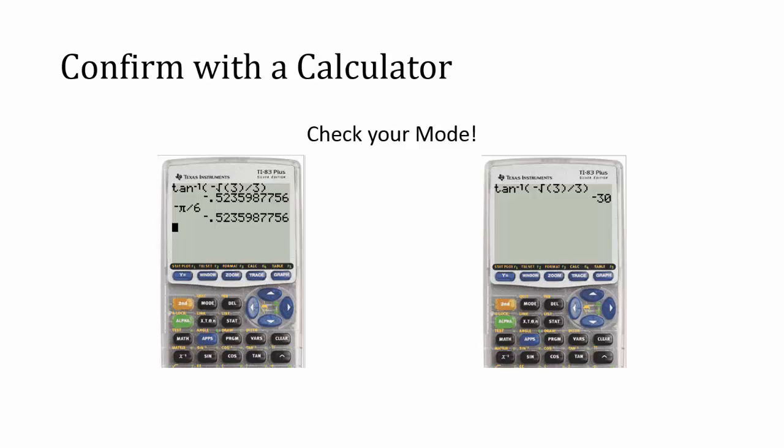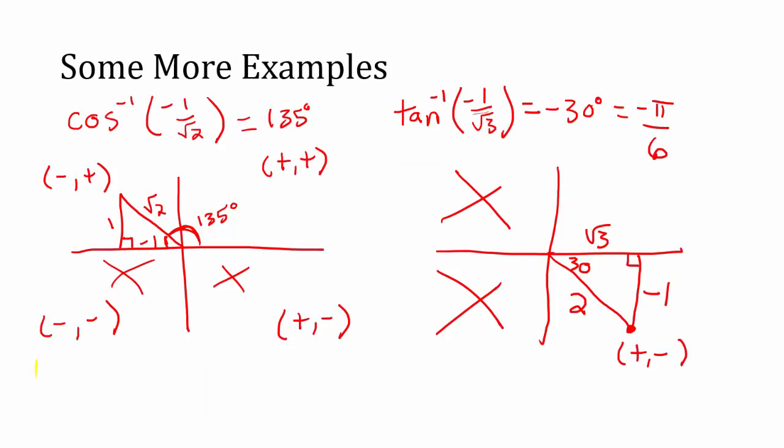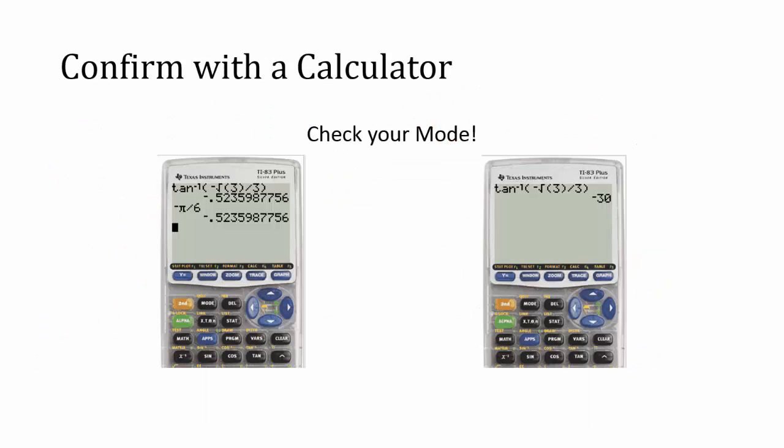But remember, the calculator, when it gives you an angle in radians, is not in terms of pi. So if we check that out, that is -pi over 6. I did -pi over 6 on the calculator, the same decimal expansion. So that confirms what I just did, that the tan inverse of -1 over root 3 is -pi over 6. That matches up with my answer right there.